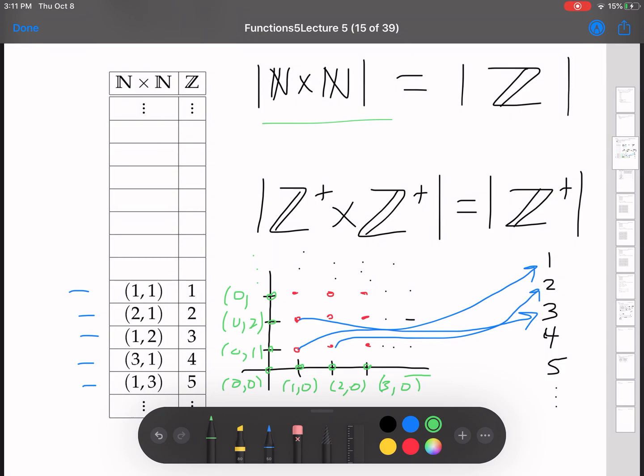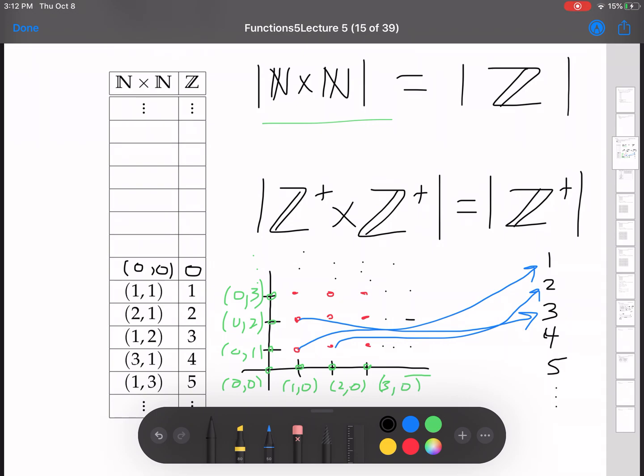This is over 0, up 3, like so. And I'm going to match these up informally just by filling out this table with the integers. Okay, so I'm going to put 0, 0 with 0. Think that makes sense? Okay.